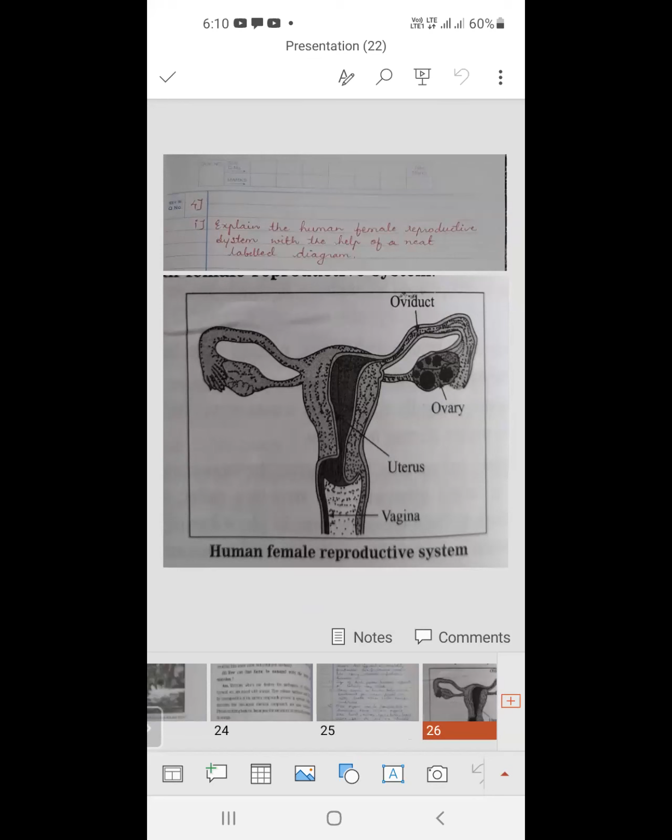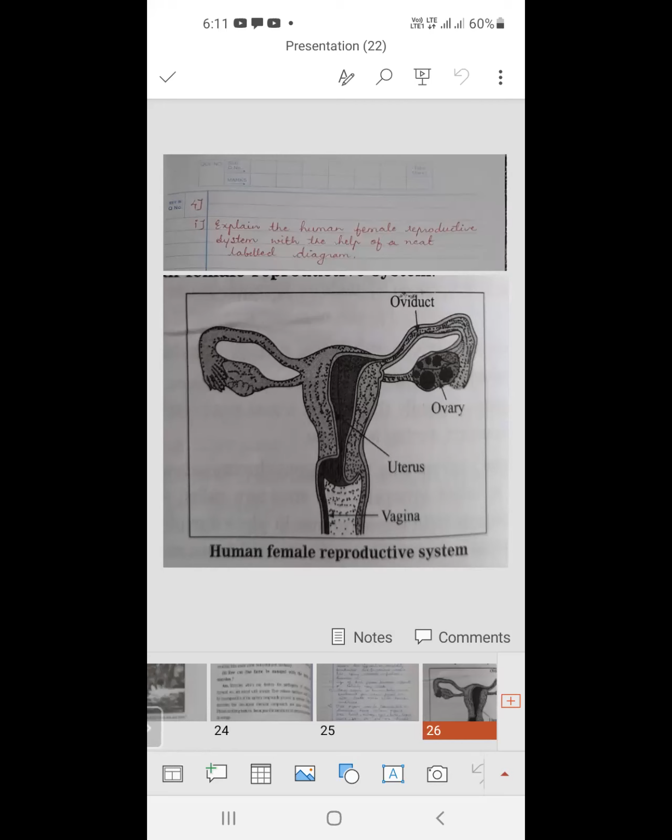You have to draw and label it, draw the diagram neatly, and you can score the whole marks for this question. It carries 5 marks, and if you draw the diagram neatly, you will score 5 marks.